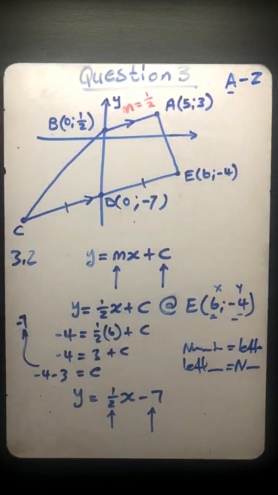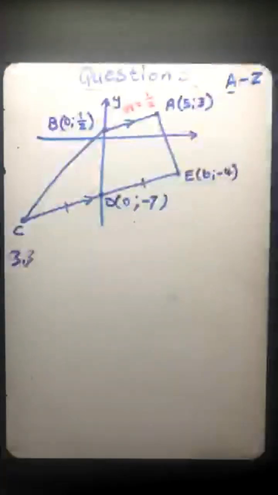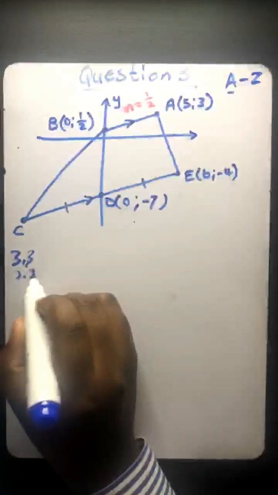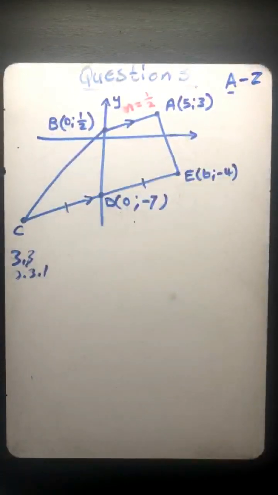Okay, so now let's move on to 3.3. So I'm just going to remove all of that. Under 3.3, we've got some questions where they say calculator. 3.3.1. It is very, very important that you make sure the first question you answer correctly.